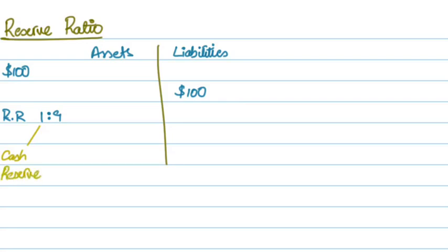So if we divide 100 into 10 portions, one portion of it will be cash reserve. So the cash reserve will be 10, and let's say the bank lends the remaining 90.